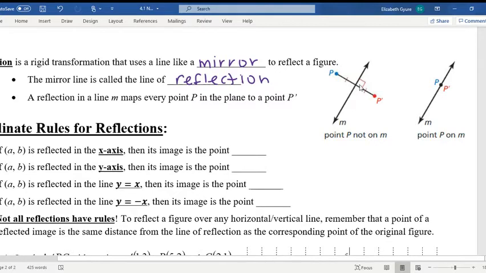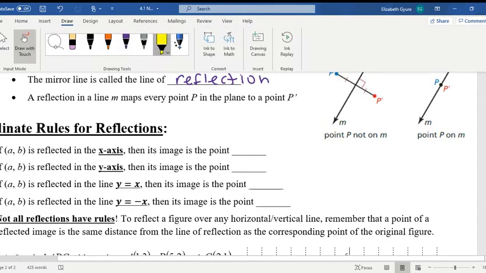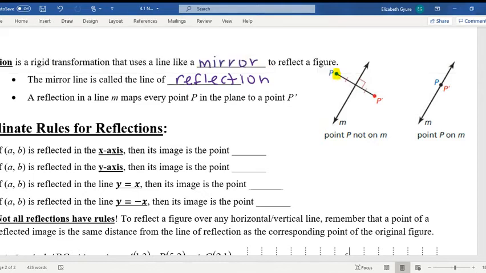If this line M is your line of reflection, you would start off with point P, and it would reflect over that line to become point P prime. And you'll notice, aren't these little segments marked as congruent? That's because it has to be the same distance, right? That's what a reflection is. It'd be the same distance above, and then your new point would be the same distance below.